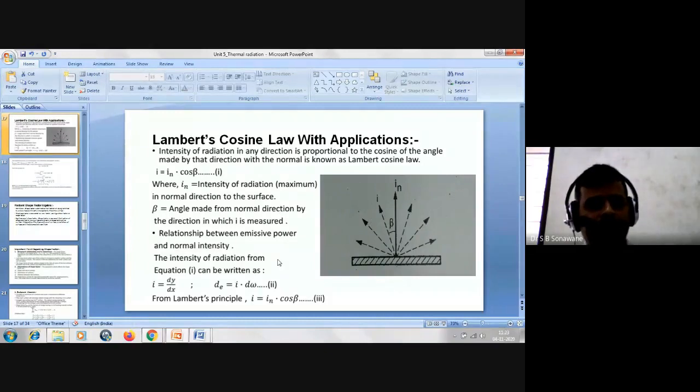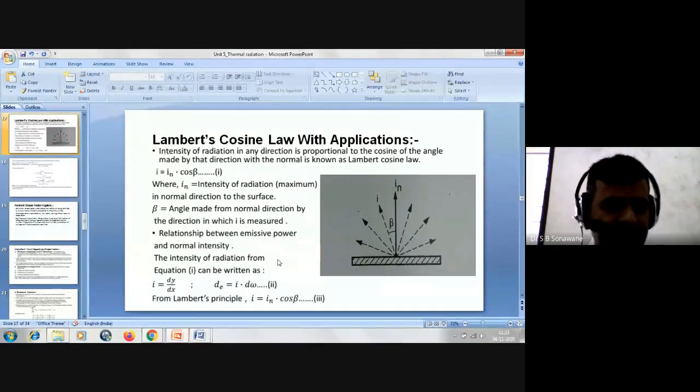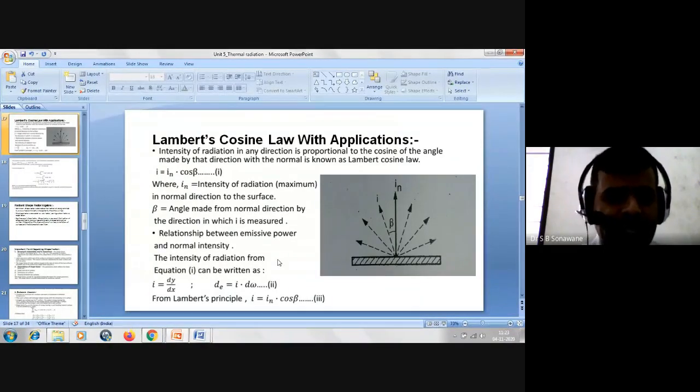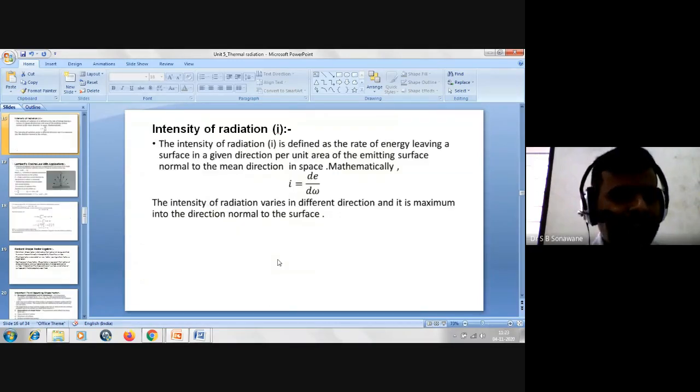Now we are interested to frame the relationship between emissive power and the normal intensity. In the last session we saw that intensity of radiation I is equal to dE upon d omega, where E is the emissive power and omega is the solid angle.